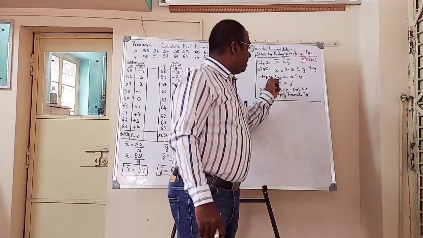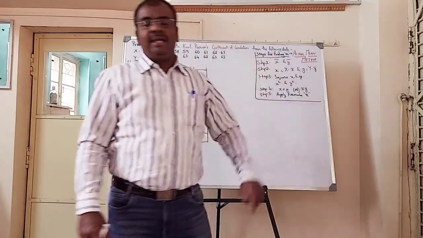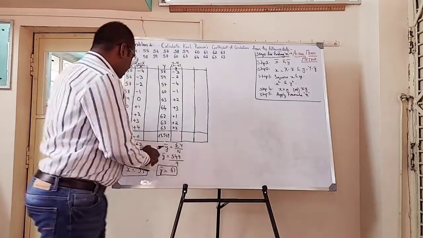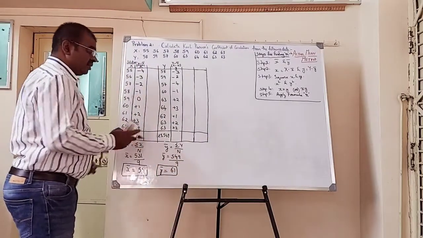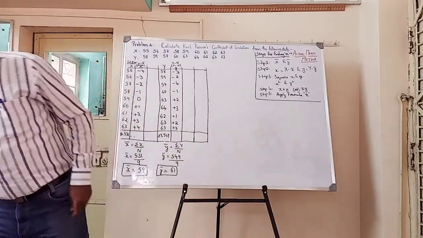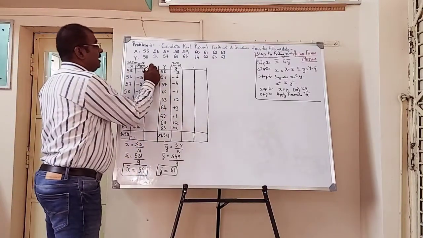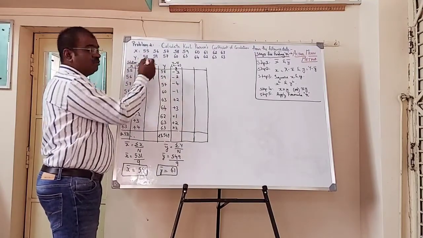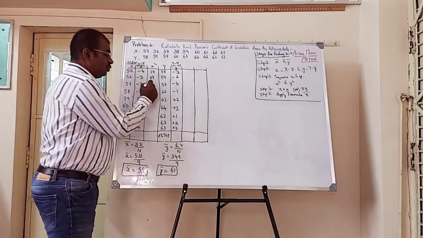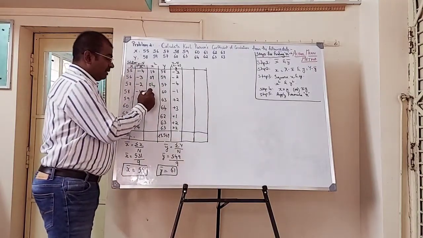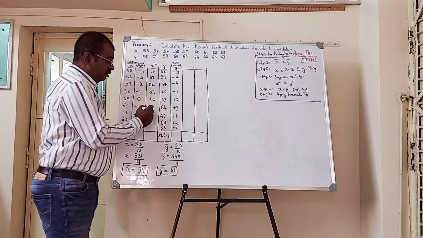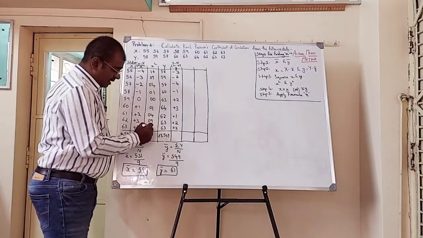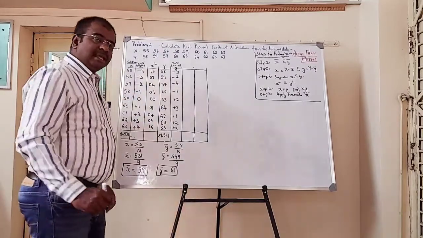Coming to step number 3, square x and y. That is, we have to find out the squares of the deviations. So let us find out what is x square and y square. So x square is equal to 4 4s are 16, 3 3s are 9, minus into minus becomes plus, 2 2s are 4, 1 1s are 1, 0 into 0 is 0, again this is 1, 2 square 4, 3 square 9, and 4 square 16.